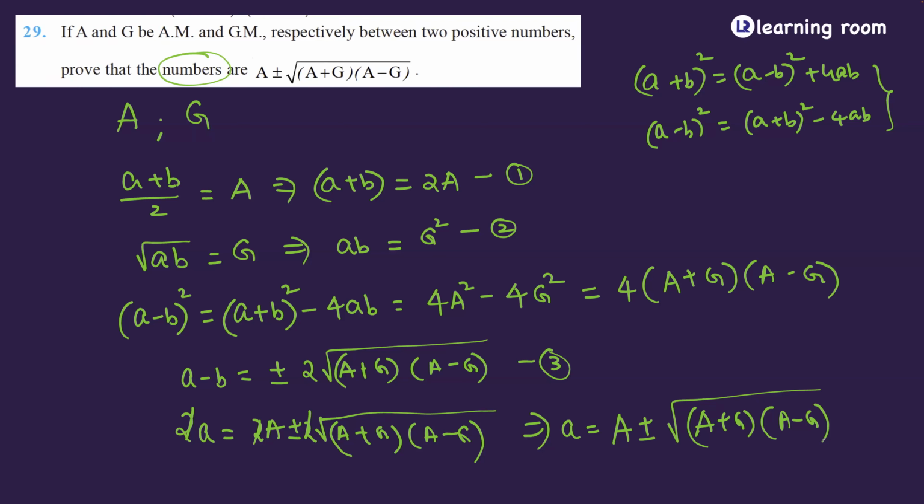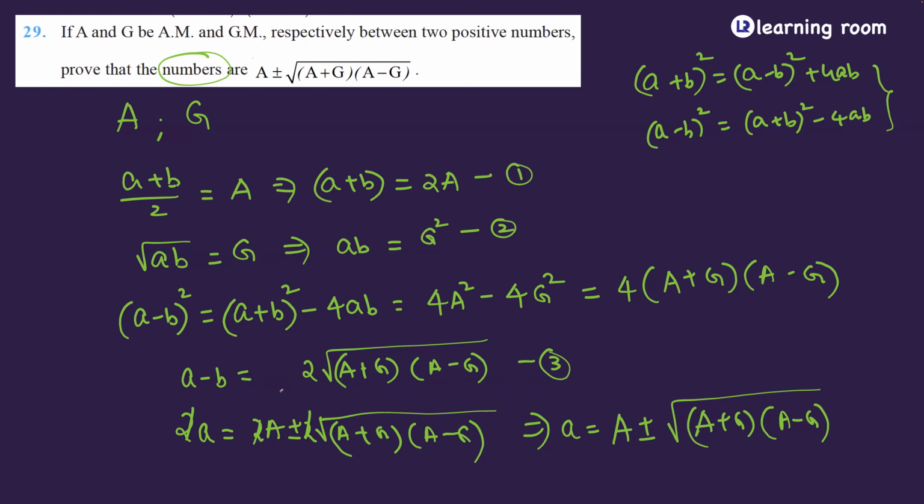So did you all understand this? Okay. The only thing I did is that here itself I took plus or minus. If you take only plus, you're trying to say that a is greater than b.